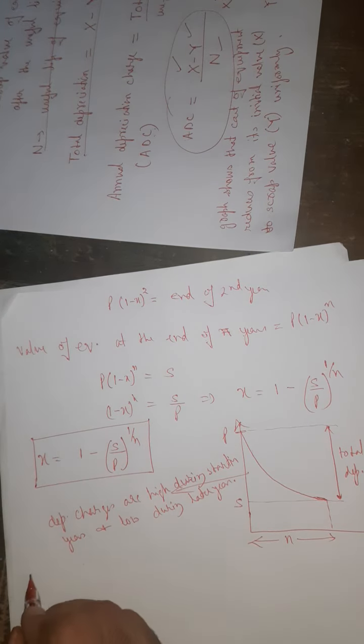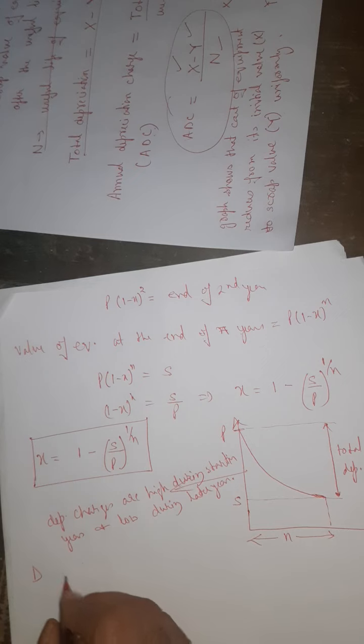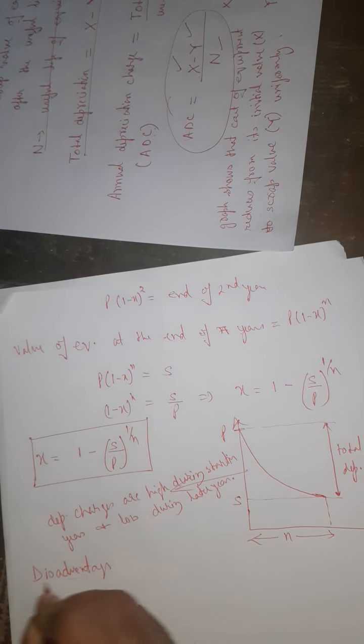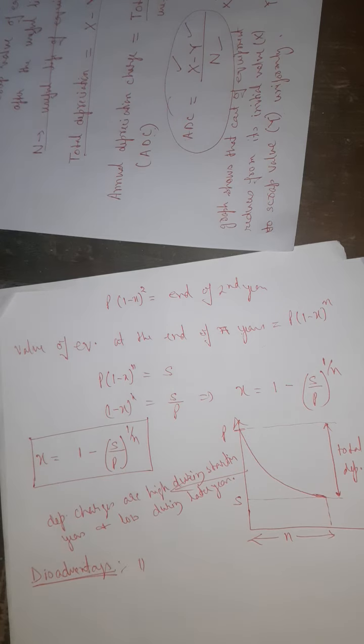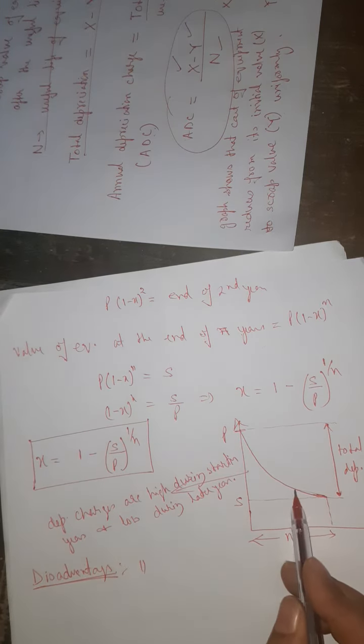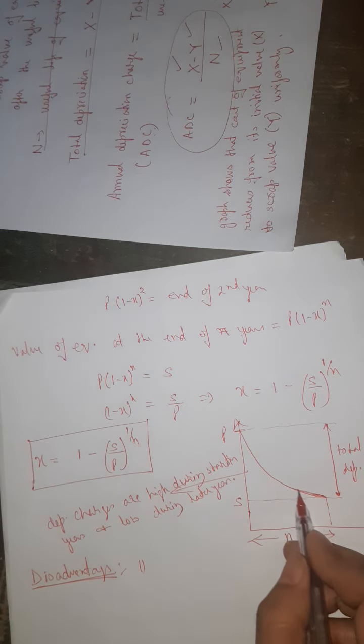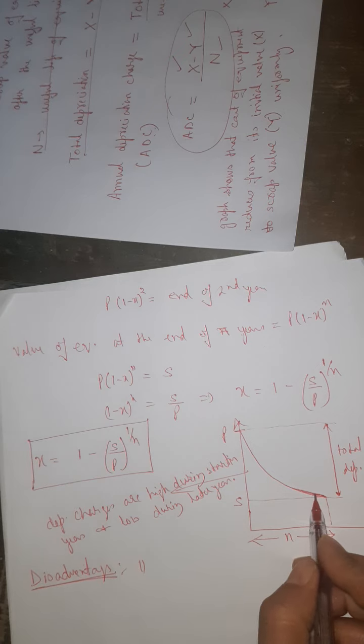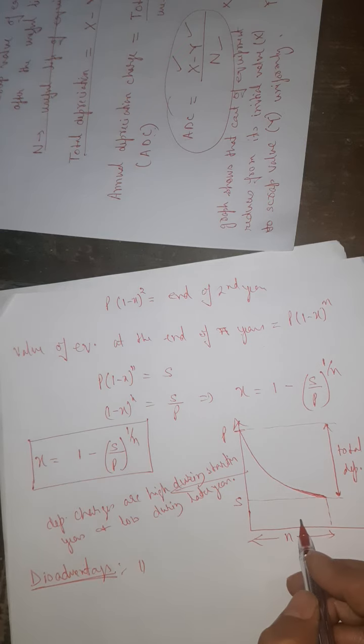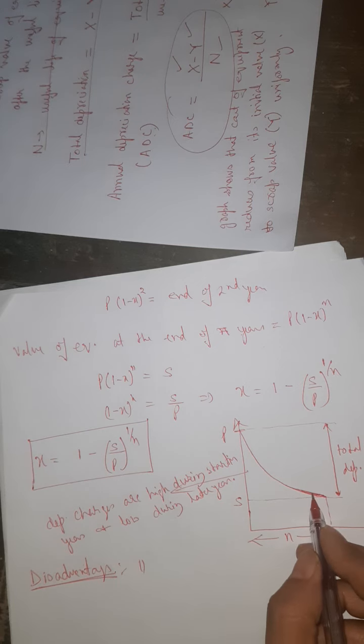But still, this method has some disadvantages. It has two disadvantages. Low depreciation charges are made towards the end of the useful life. But you know that towards the end of the useful life, the maintenance and repair work is more. So here the depreciation charges should be more, but they are less.